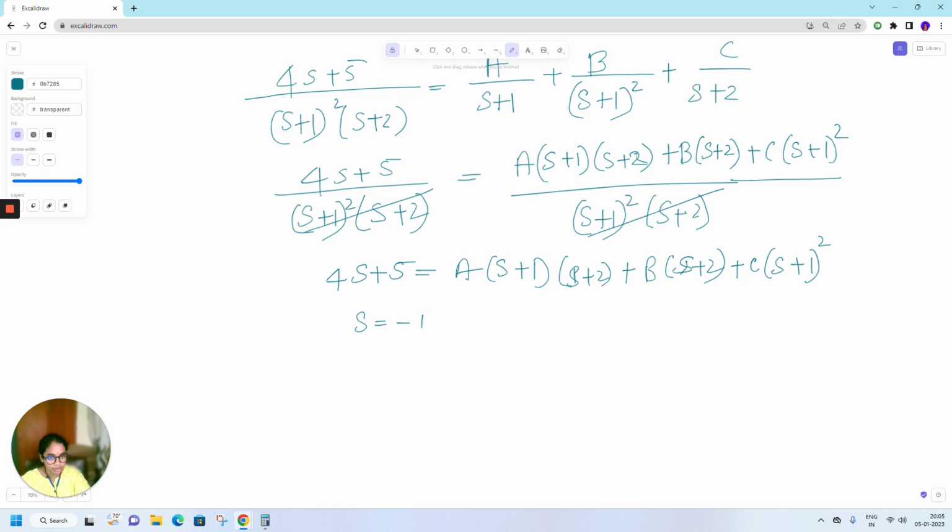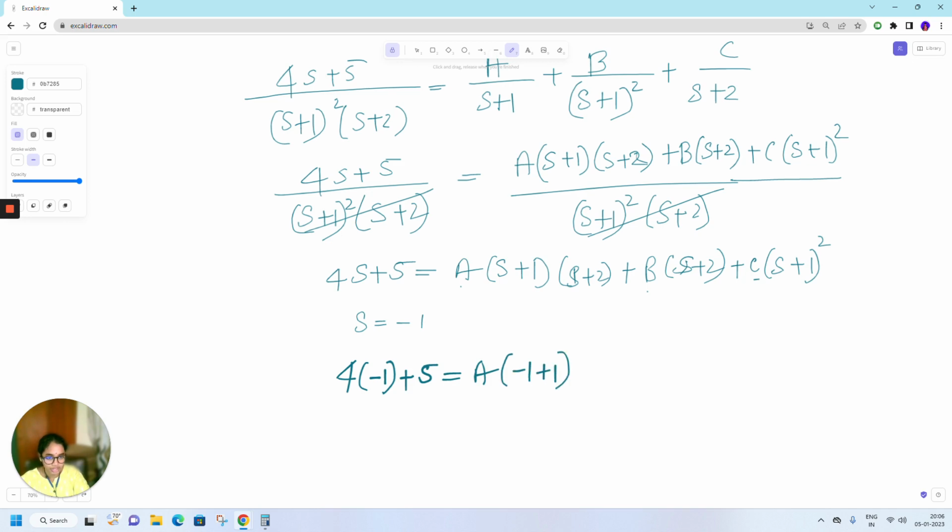If I take s is equal to minus 1, a would become 0, c would become 0. I would get the b term, correct? So what I should do is 4 into minus 1 plus 5, which is equal to a into minus 1 plus 1.